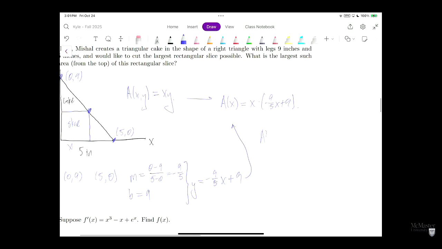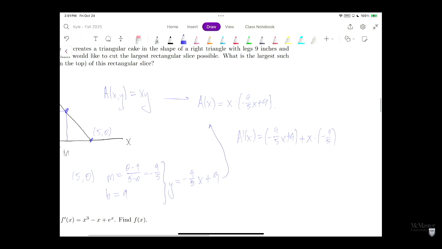So A prime of x is equal to 1 times (negative 9/5 x plus 9) plus x times negative 9/5. That's from our product rule. If we set this equal to 0, we'll have that 9 is equal to 2 times 9/5 x. So in that case, x is equal to 5/2.